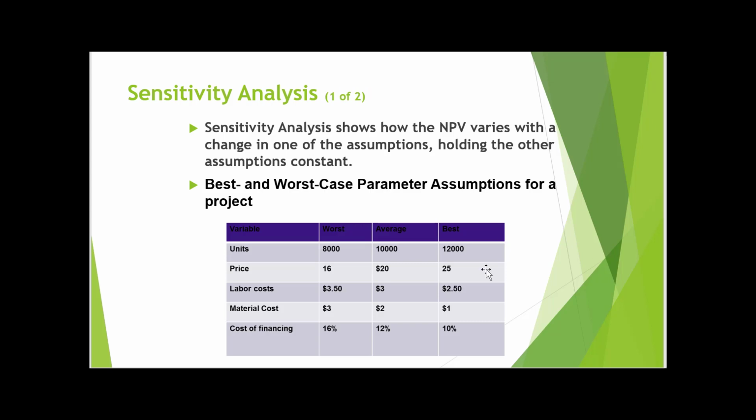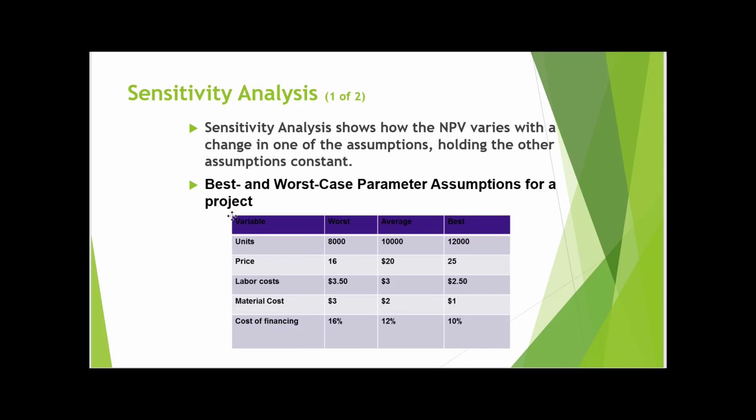So we can then look at a variety of options. This is what's referred to as sensitivity analysis. How does net present value vary by changing one of the assumptions and holding everything else the same?